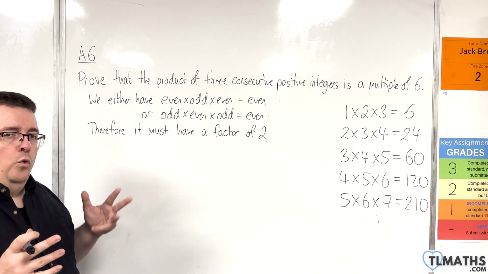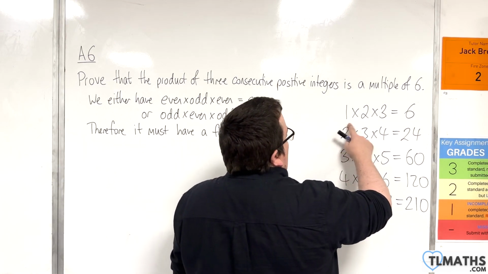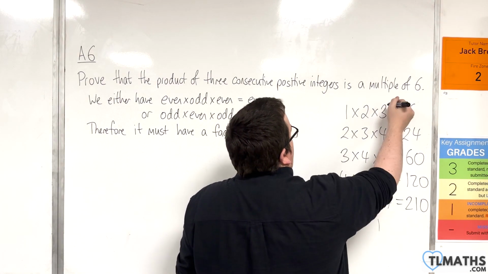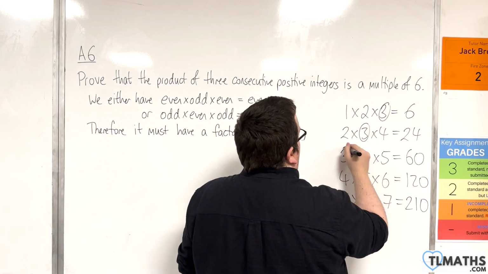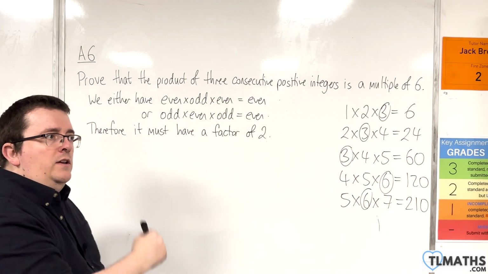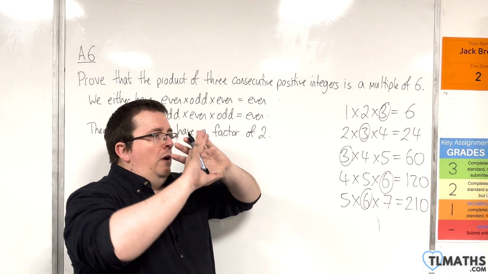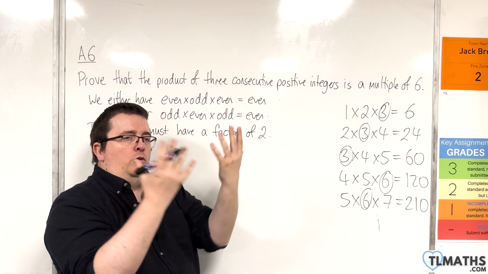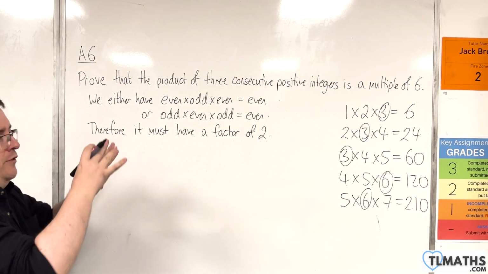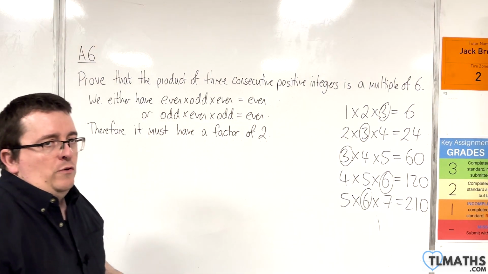Right, what else do we notice? Well, notice that in each of these, you're always going to pick up a multiple of 3. You've got 3, then 3, then 3, then 6, then 6, then 6, then it'll be 9, 9, 9, 12, 12, 12. So whenever you're multiplying together 3 consecutive integers, you'll always pick up a number that's in the 3 times table.